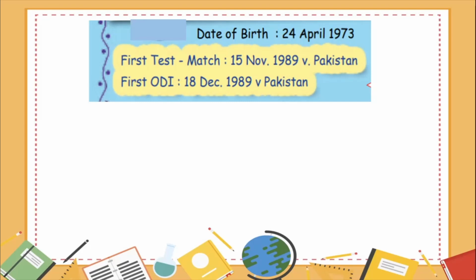Then you will also see information about the matches that he has played. So cricketers, children, they play two kinds of matches. They play test matches and they play one-day international matches, and nowadays they play the T20 matches also. Okay, the T20s that we call.